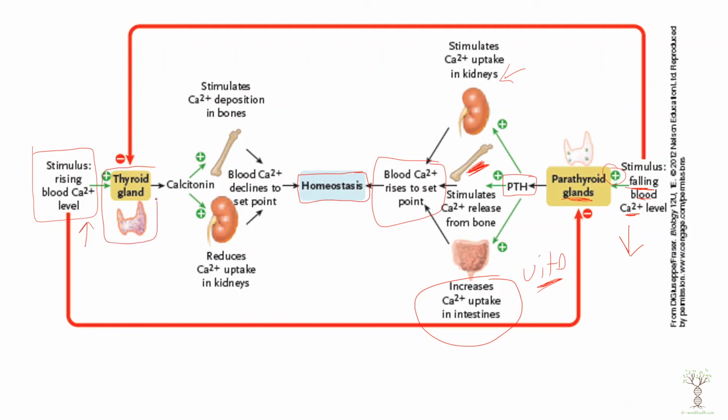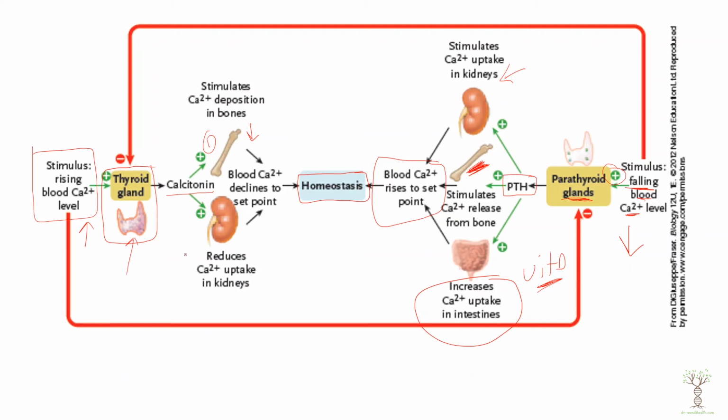Then we will stimulate the thyroid gland. The parafollicular cells will produce calcitonin. Calcitonin has 2 primary targets. One is the bones, but now instead of stimulating the osteoclasts, it's going to inhibit the osteoclasts so that more calcium isn't going into the bloodstream.